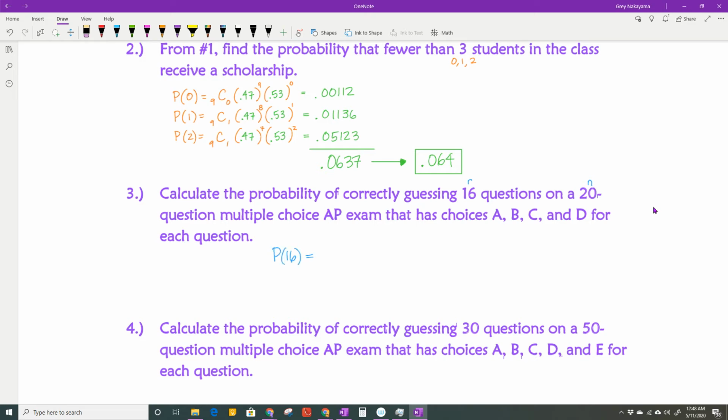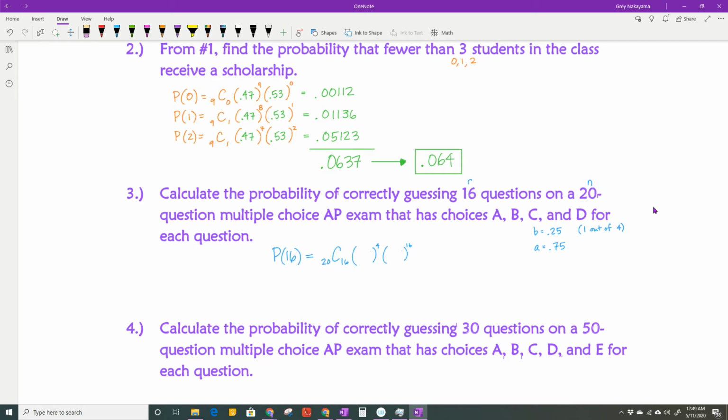My success rate, well, if I have 4 choices, how many of those is right? On a multiple choice exam, only one of those is correct. So the probability of success, or p, is going to be 1 out of 4, which is 0.25, which makes q, or the probability of failure, 0.75.